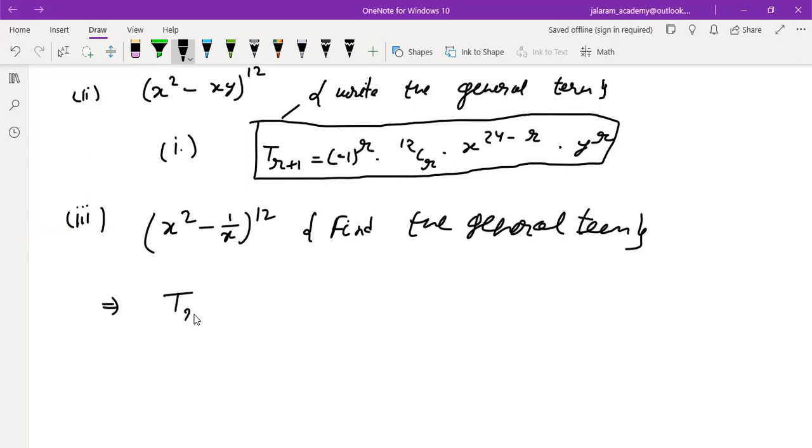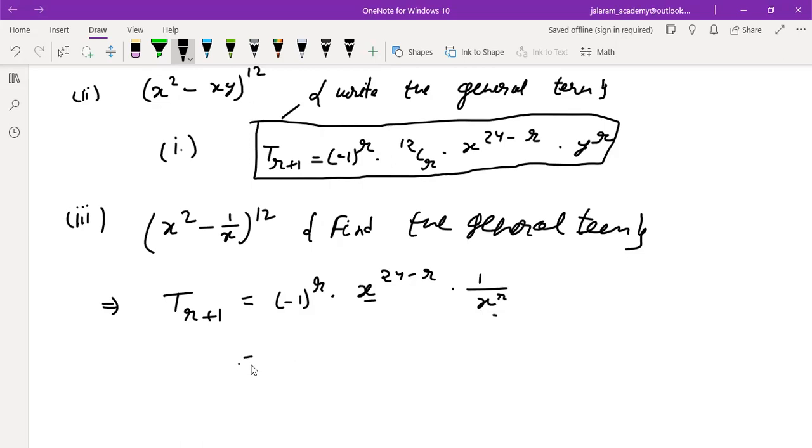So T r plus 1 is equal to minus 1 to the power r into 12Cr into x to the power 24 minus r into 1 by x to the power r.